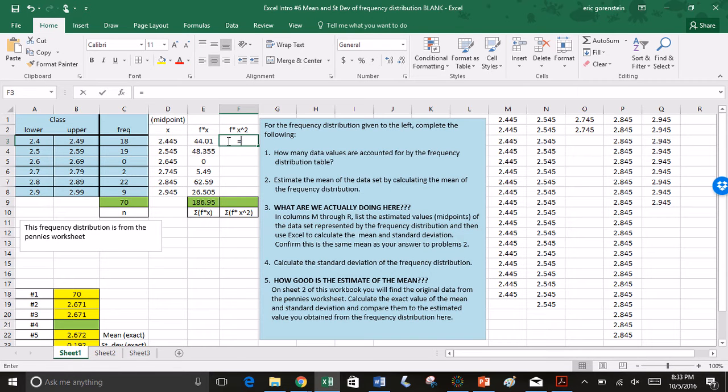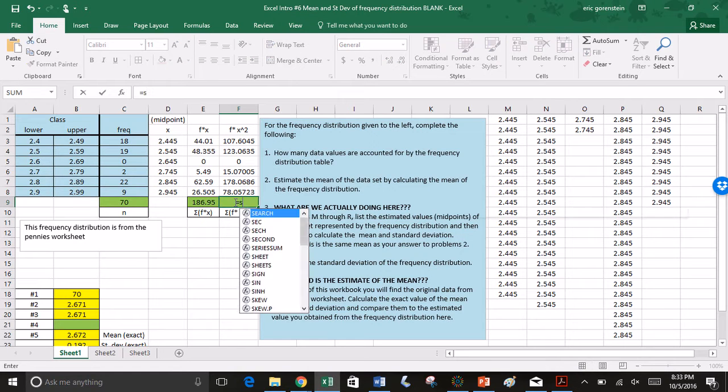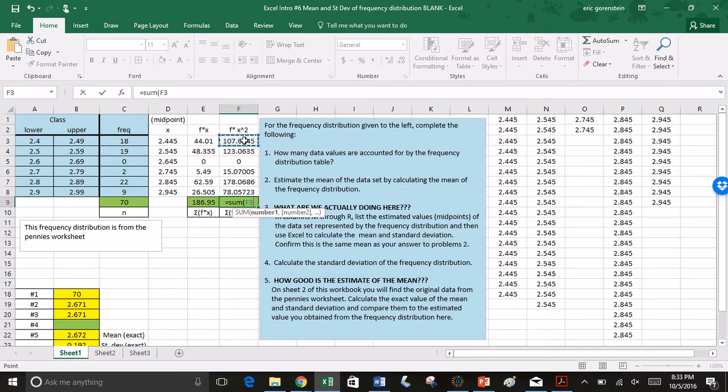So I'll say equal f times the x value raised to the second power. And I'll copy that formula down. So those are the individual f times x squared, f times x squared, f times x squared, and so on. So I will add them up, equals the sum of those values.